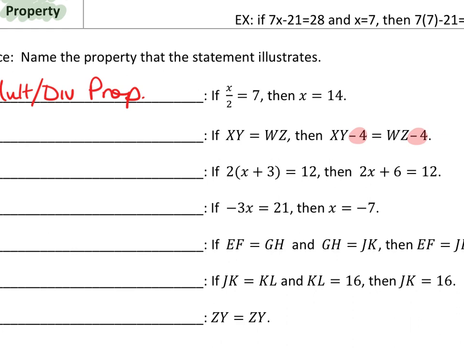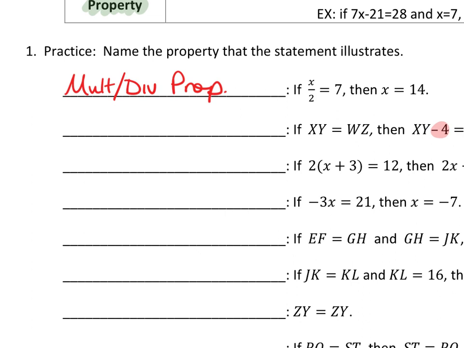Those two segments would stay equal because we substituted on both sides. So that property is officially called the addition and subtraction property. So again, a lot of this stuff you're like, well, yeah, that's how that works. Correct. We're giving the proper reason for why all of this works.